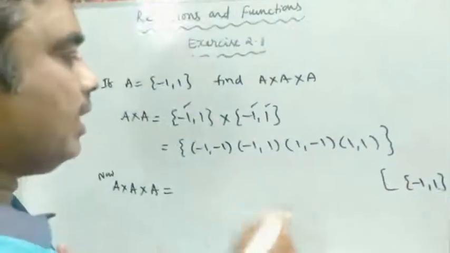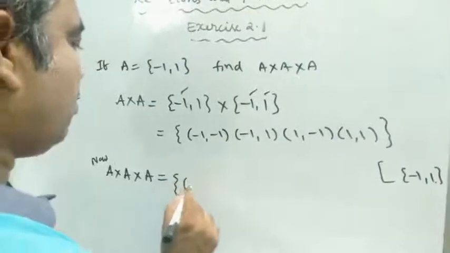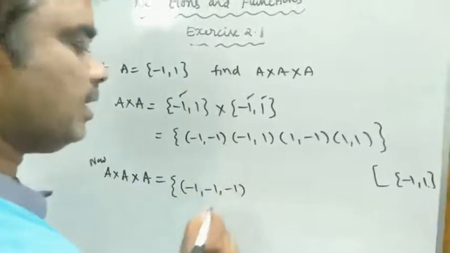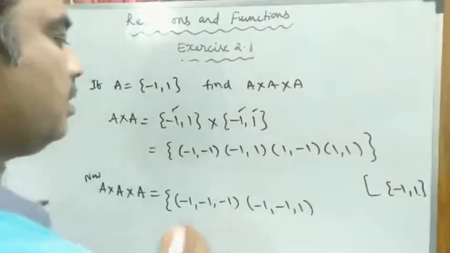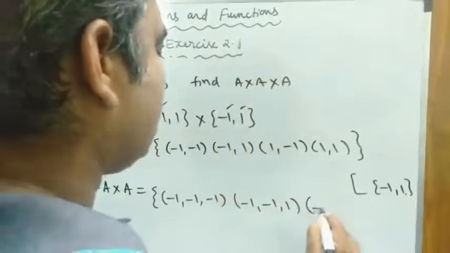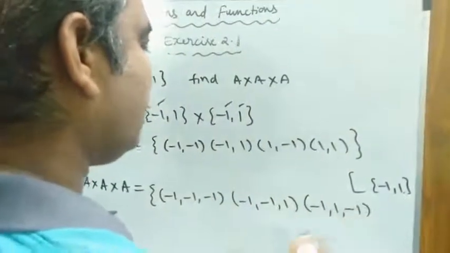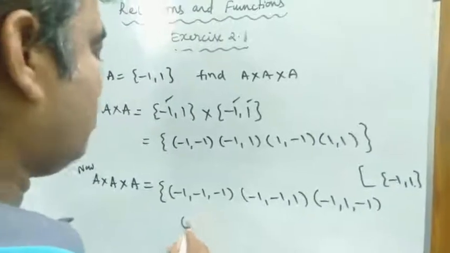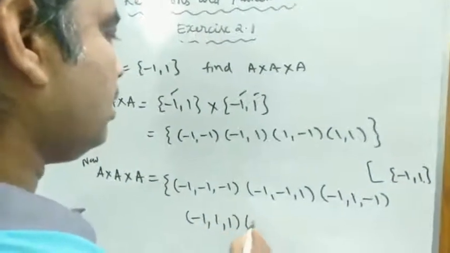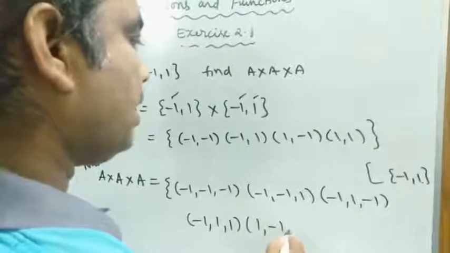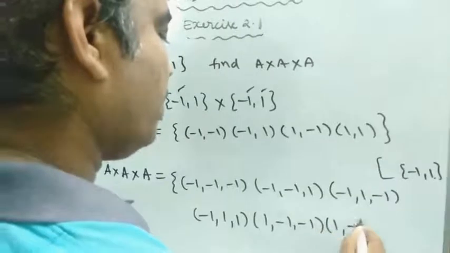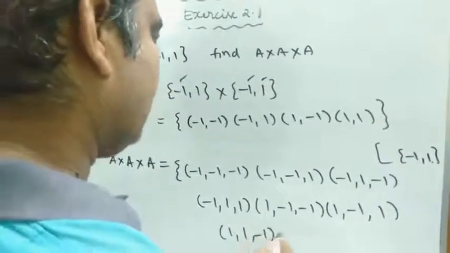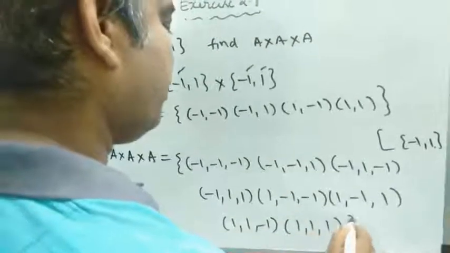So what elements will you get? (-1, -1, -1), (-1, -1, 1), (-1, 1, -1), (-1, 1, 1), (1, -1, -1), (1, -1, 1), (1, 1, -1), (1, 1, 1).